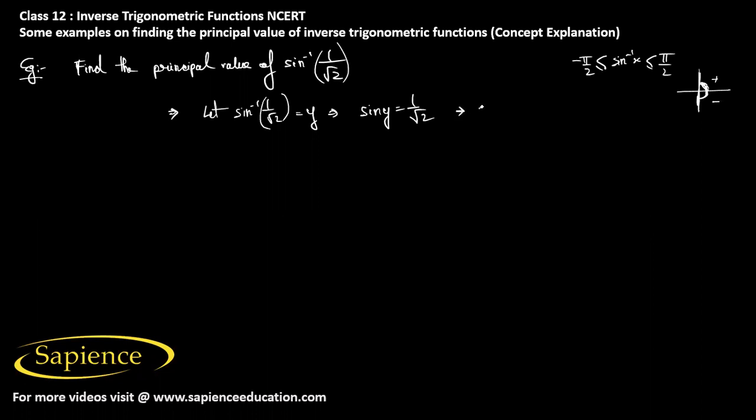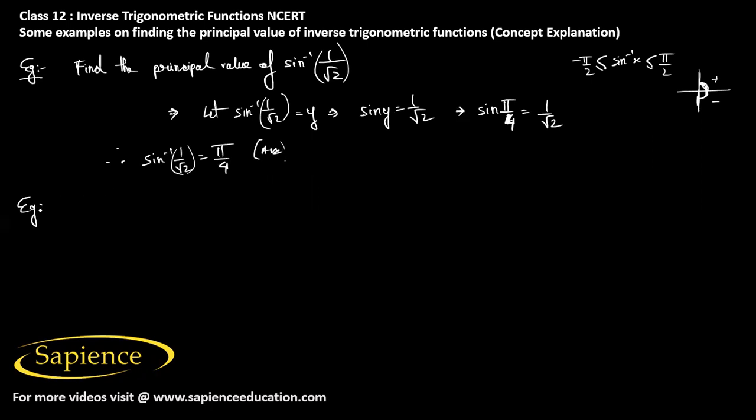We know that sine pi by 4 is equal to 1 by root 2. Since pi by 4 is in the first quadrant, the principal value of sine inverse 1 by root 2 will be pi by 4. So this is the answer.